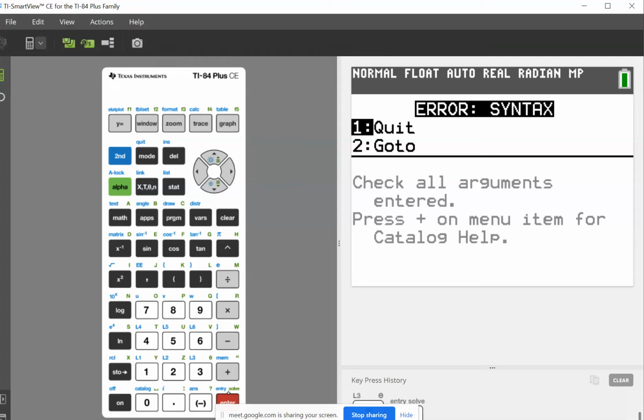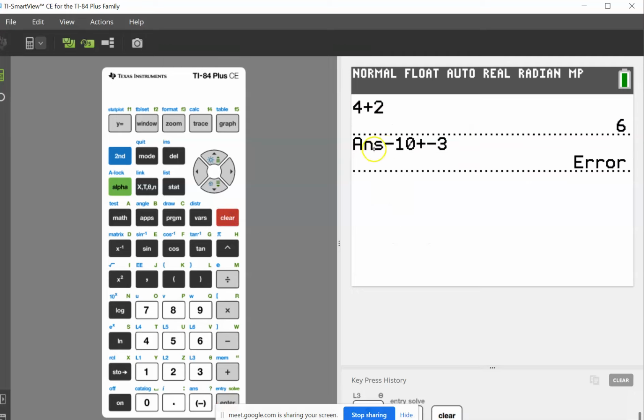So if you get a syntax error, that simply means you hit the signs in a wrong way, okay? Also notice, you see you had ANS that popped up before the 10?